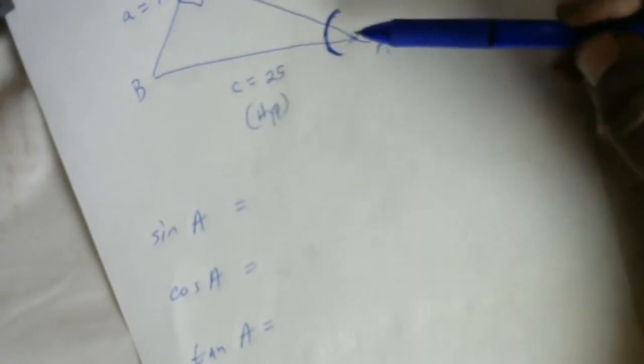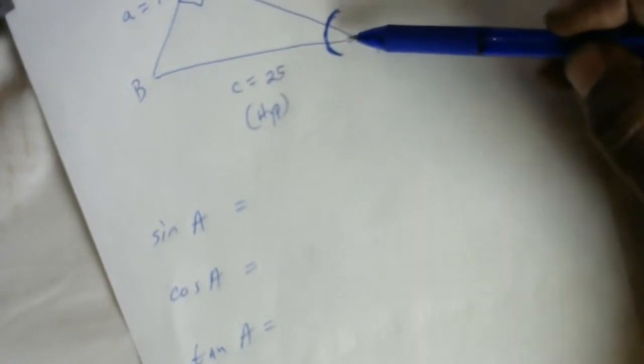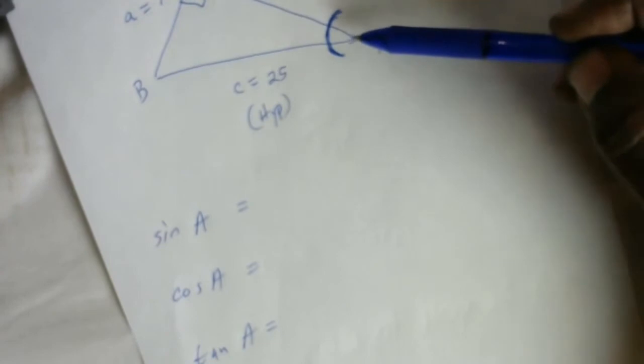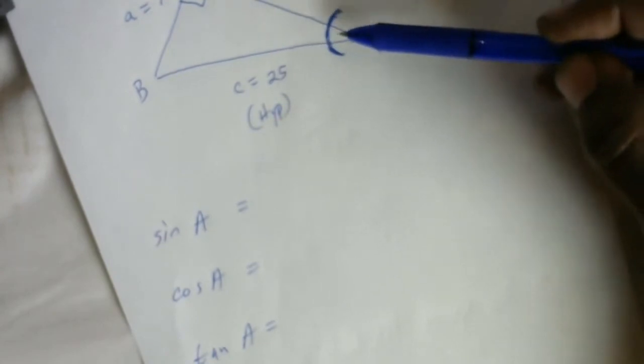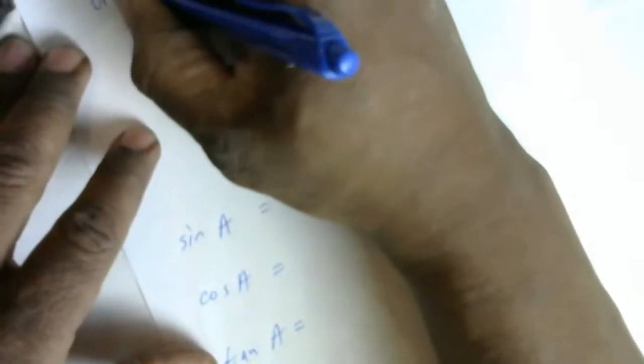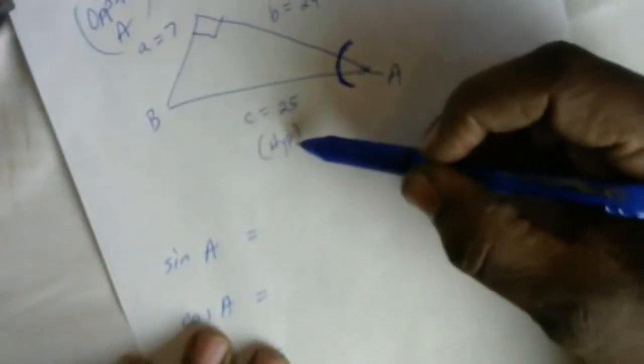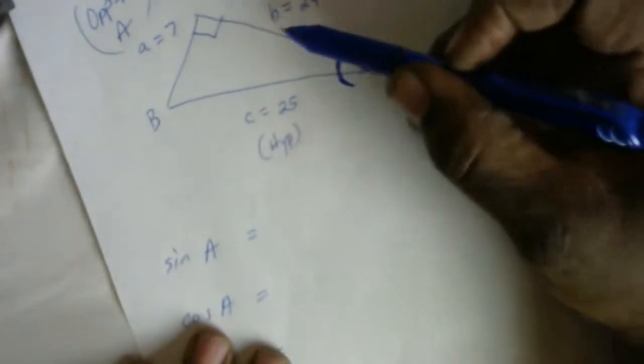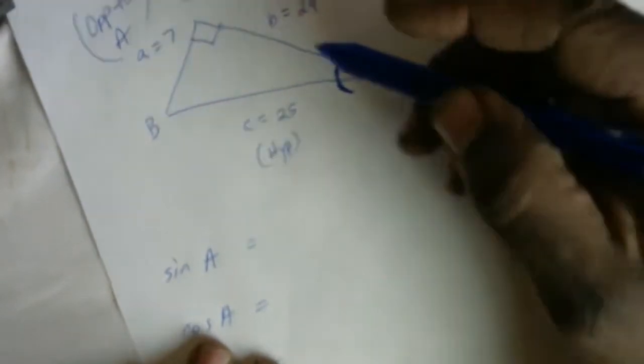I've labeled my hypotenuse. Since A is my reference angle, the side opposite angle A is my opposite side. This is my hypotenuse. Therefore, side b is the adjacent side.